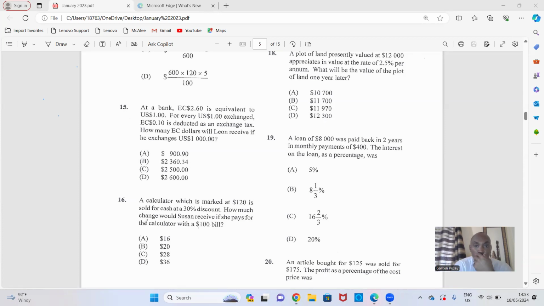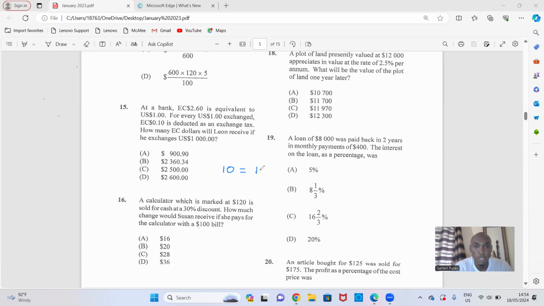Now, let me just give you a simple way to do this. Whenever you're asked to find a percentage which is a multiple of 10, for example 10%, 20%, 30%, 40%, and so on, there's a simple way of doing that. When you're finding 10% of a number, you can just move the decimal point one place to the left. So 10% of 120 is equal to 12.